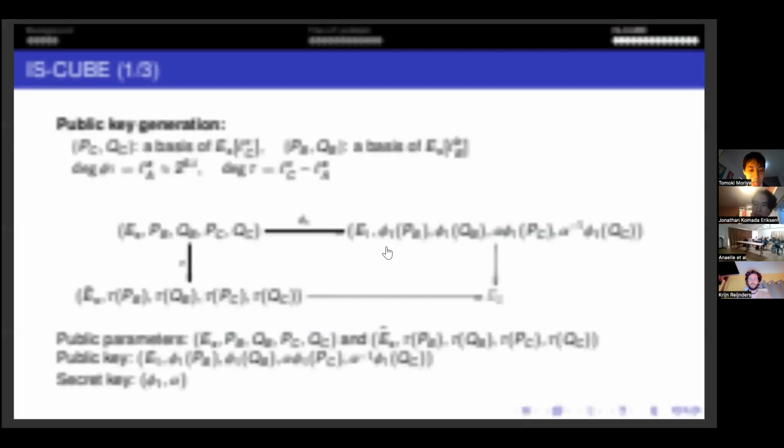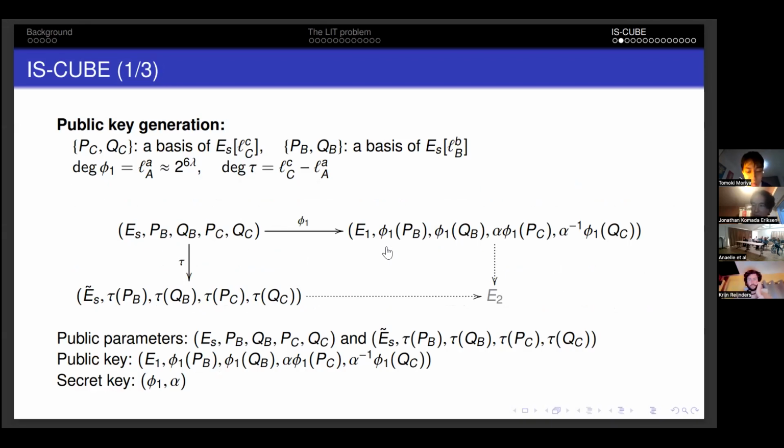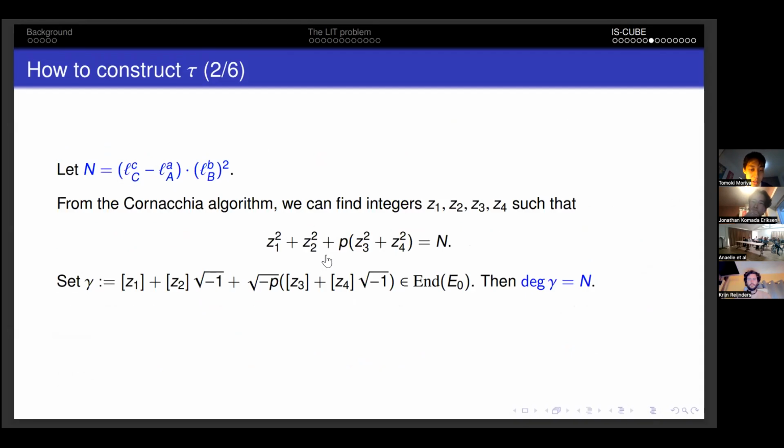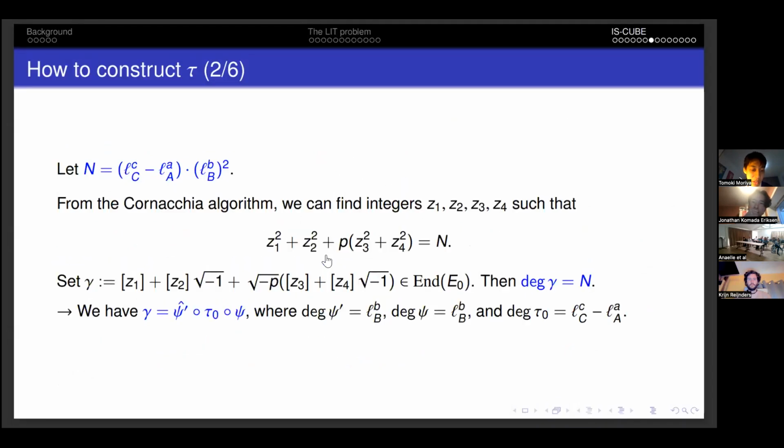Sorry, what do you mean? In the key generation, you take the gamma of degree LB to the B squared times tau. What was the degree of tau? LC to the minus LA, something like that. The degree of your gamma in the key generation. You mean this gamma?